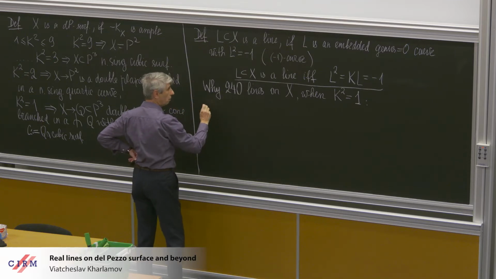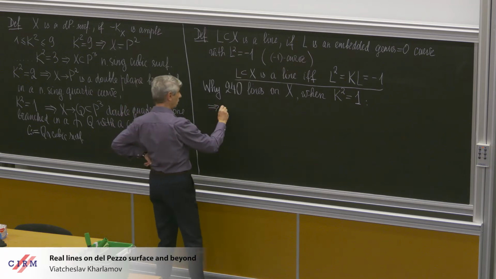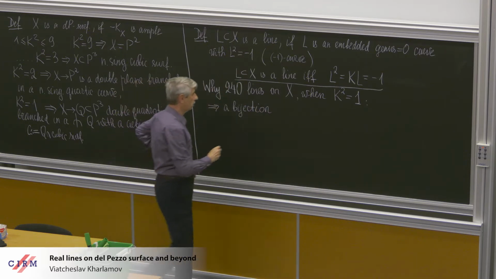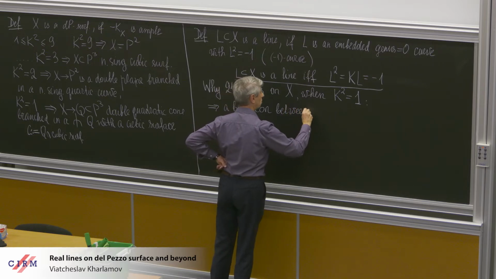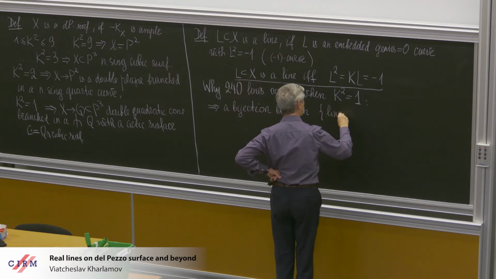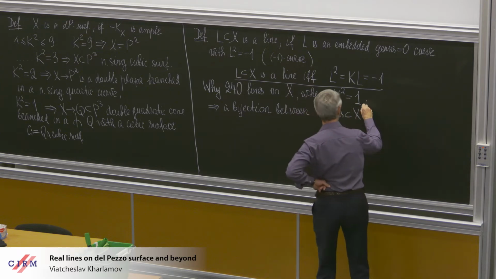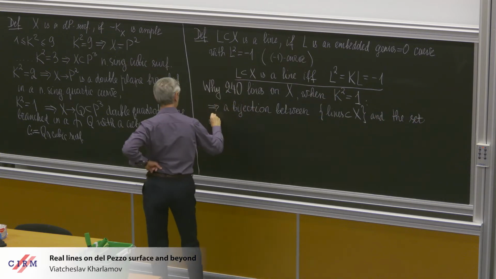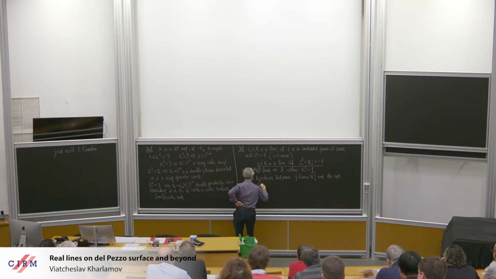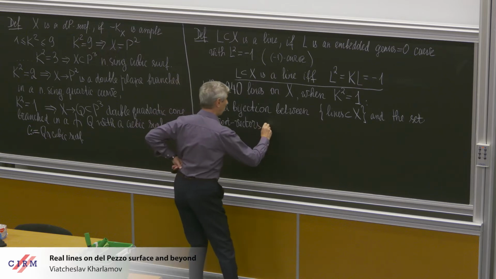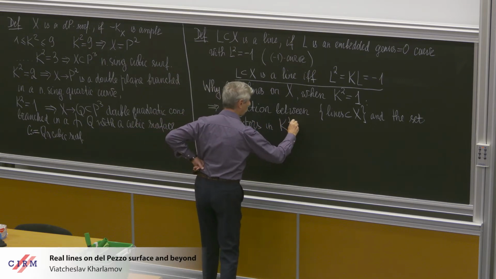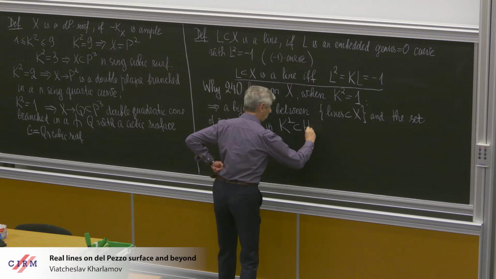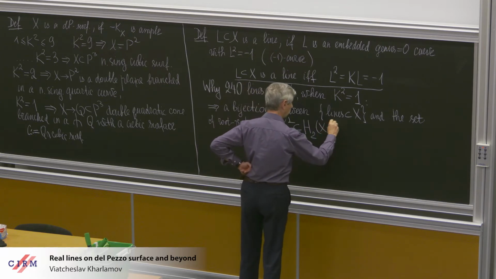Due to this criterion, you have a bijection between the set of lines and the set of root vectors in the orthogonal complement to the canonical class, which I consider as a part of H2 of X with Z coefficients.